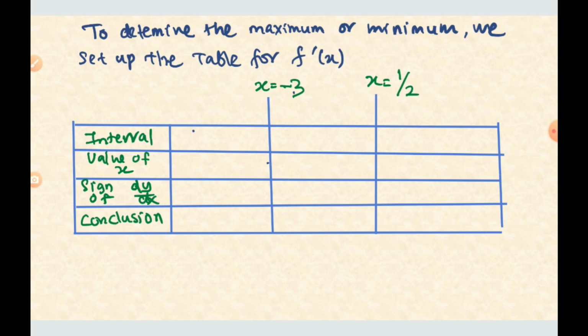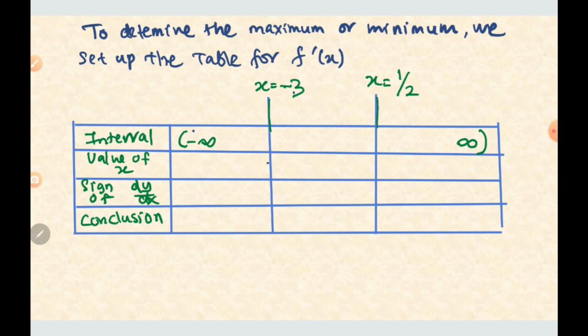The domain for the function is from negative infinity to infinity, but we need to create the intervals to be tested here. We know that negative 3 and 1/2 are the critical points. So I draw this line here to represent x equals negative 3. Negative 3 comes first, followed by 1/2.